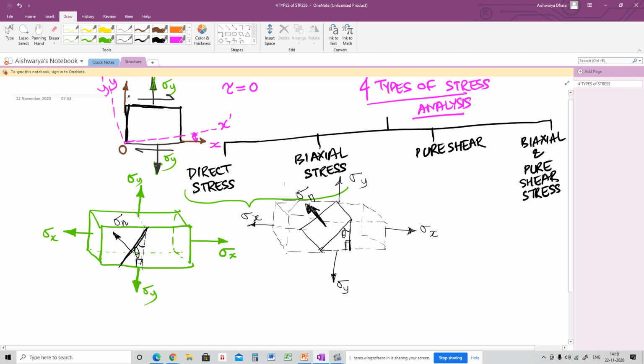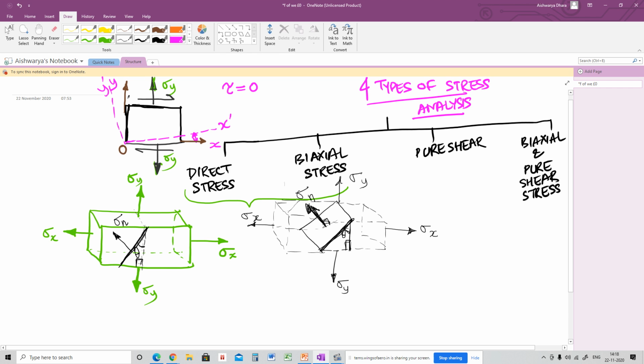What is the plane? We are considering a principal plane, at some angle. We don't know what the angle is, we need to find the angle that will satisfy this. That is the concept. So at some angle it will create a normal stress, normal meaning perpendicular to the surface, right?